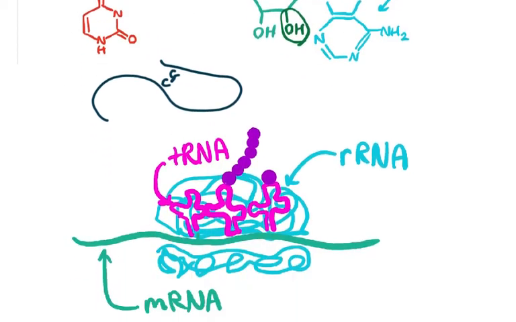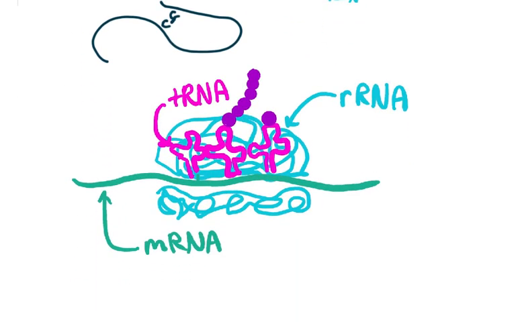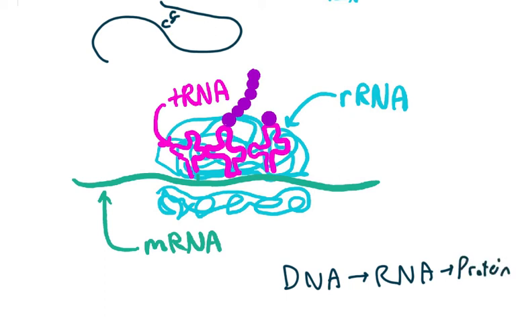So what does RNA actually do? RNA is this intermediate step between DNA and protein. So remember our central dogma, we have DNA, we have RNA, and we have protein. So DNA and RNA are related in the bases. So when DNA gets transcribed into RNA, it's based on the base pairing rules.